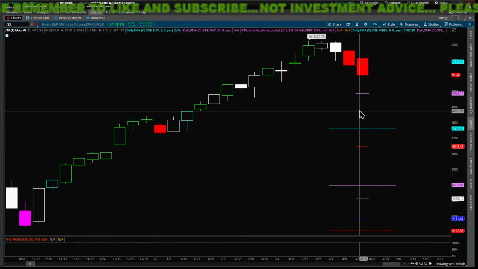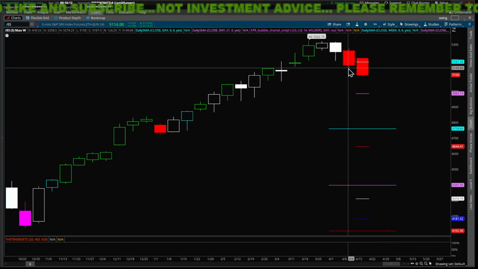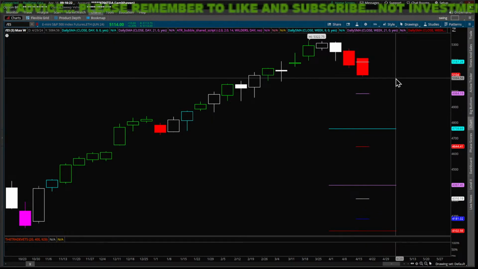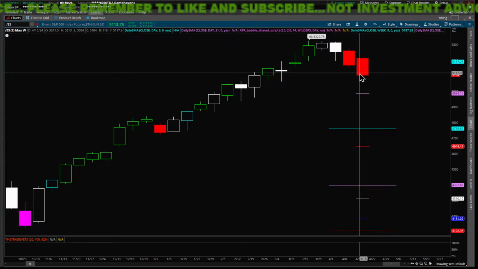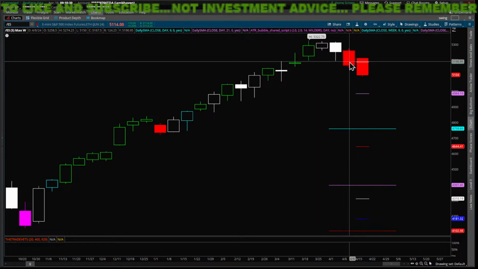Switching over here to the weekly, you can see the weekly is still continuing the one time framing lower, below the previous week's close, which was 5167.5. Currently trading 5114, so a little bit up off of this level, but still below that previous week's low, which was 5150.